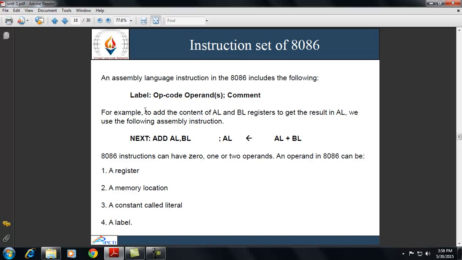For example, if we want to add the contents of AL and BL registers and we want the result to be stored in the AL register, then the statement will be ADD AL, BL. It means AL equals AL plus BL, and the label for this statement is assigned as NEXT. The instructions in the 8086 can have 0, 1 or 2 operands.